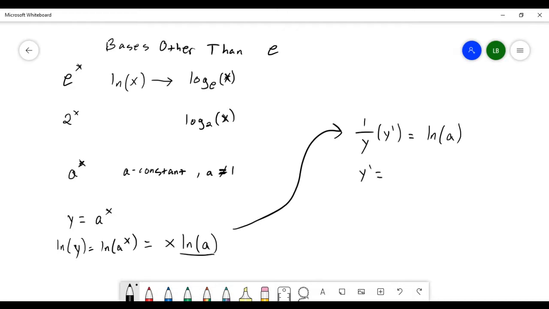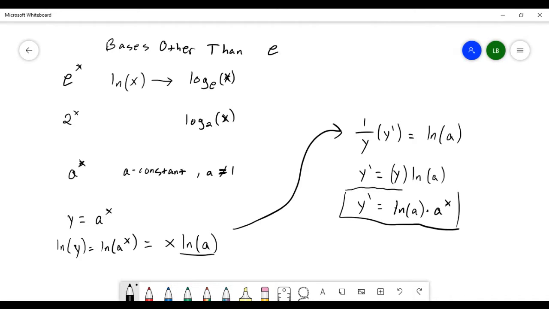So y prime is y times the natural log of a, but then y is equal to a to the x. So y prime is natural log of a times a to the x. And that's how you take a derivative of an exponential that has a base other than e.